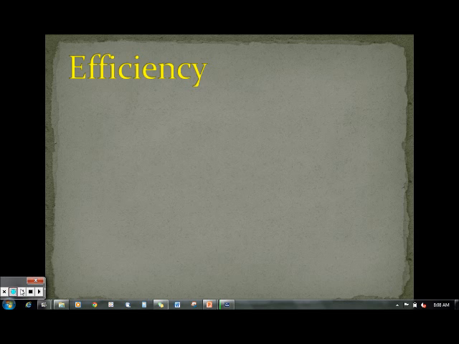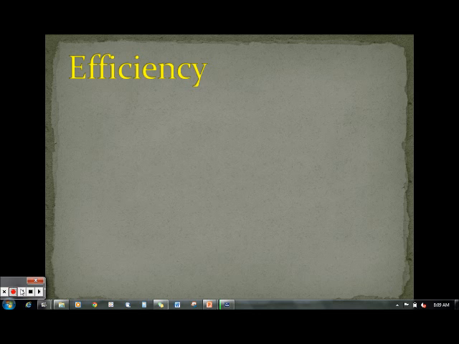All right, so we have talked about mechanical advantage, ideal mechanical advantage. Mechanical advantage, what two variables does that rely on? The forces.